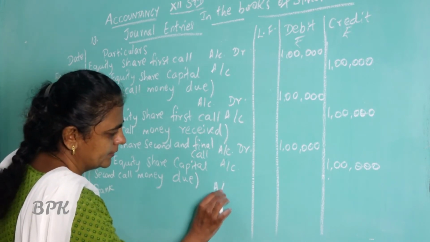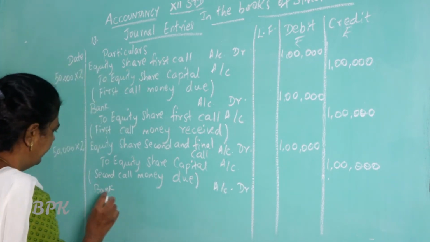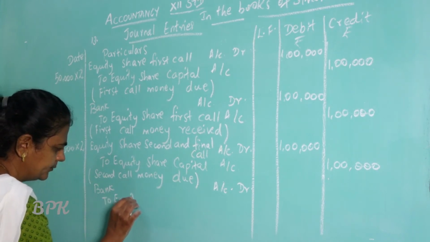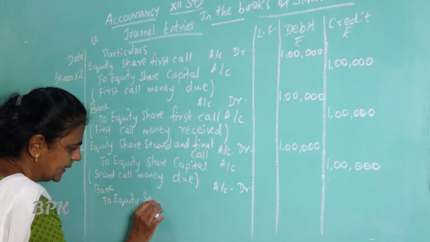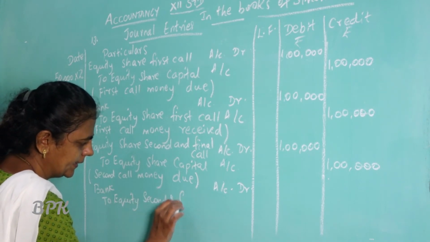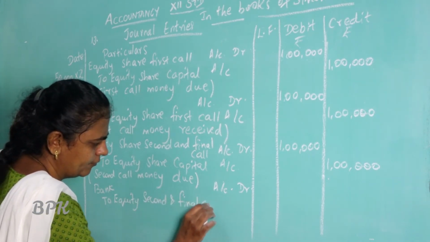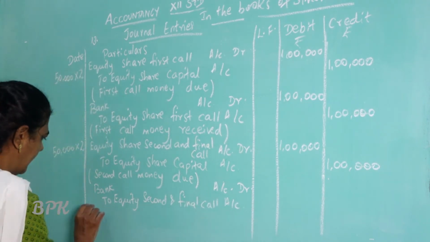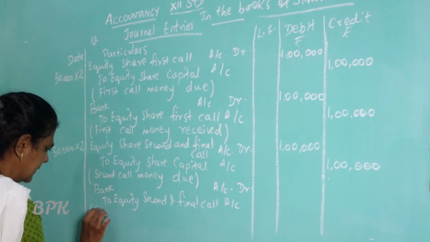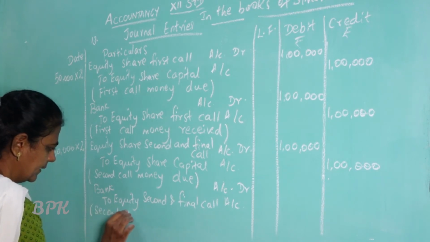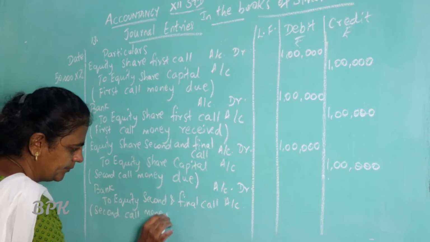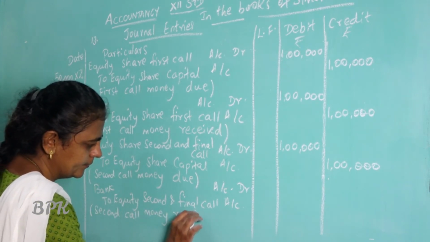Bank account debit to equity share second and final call account. Second call money received.